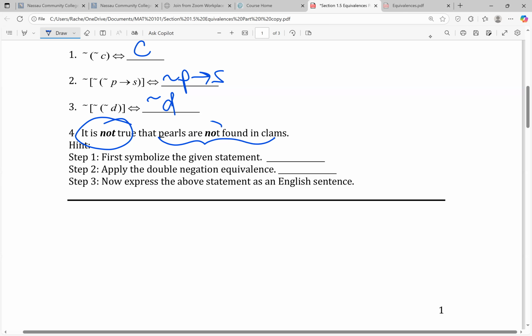Since we're saying they're not found in clams, we have to negate P. So the statement pearls are not found in clams is not P. But now we're saying it's not true that pearls are not found in clams, so we're negating the given statement. So we're going to have not not P.